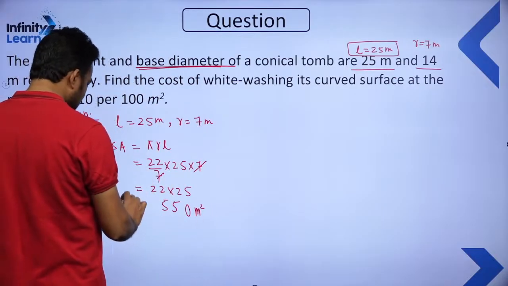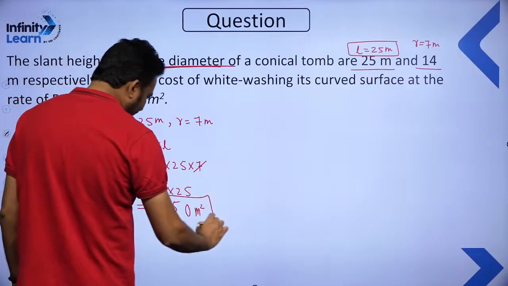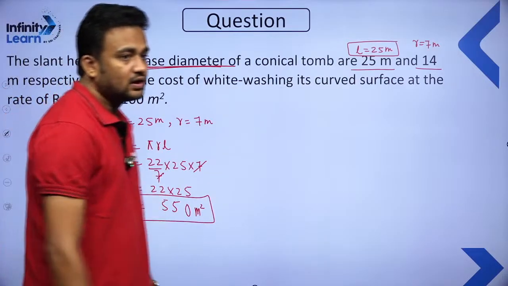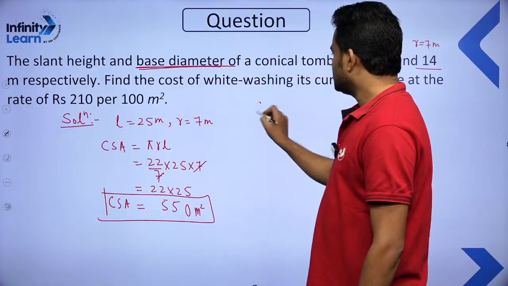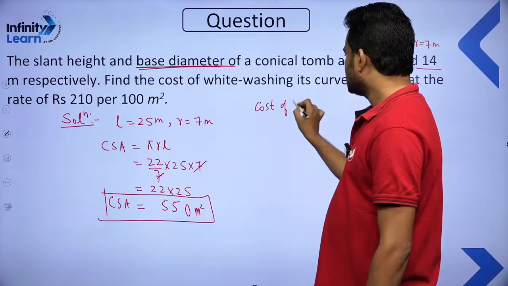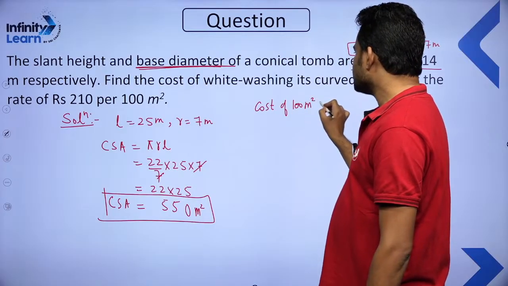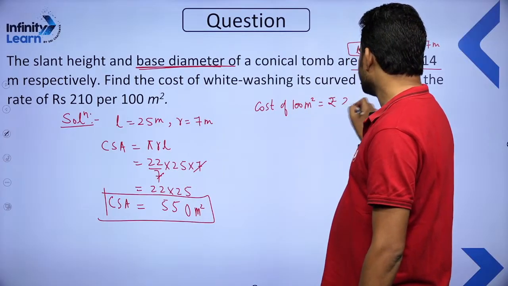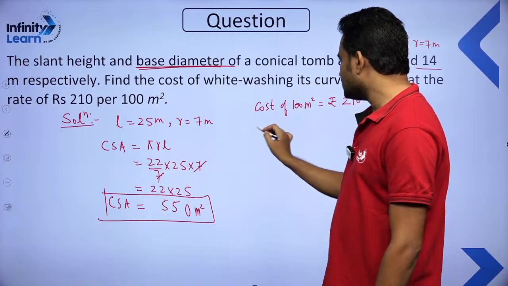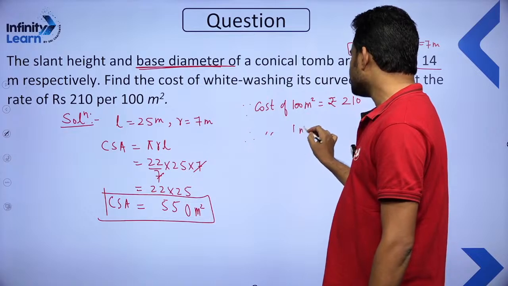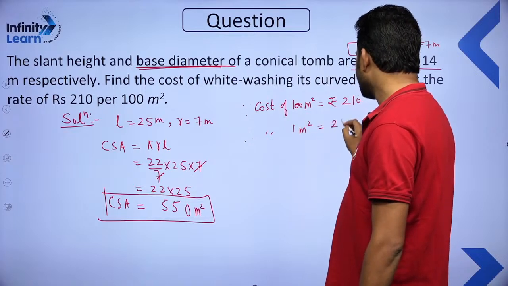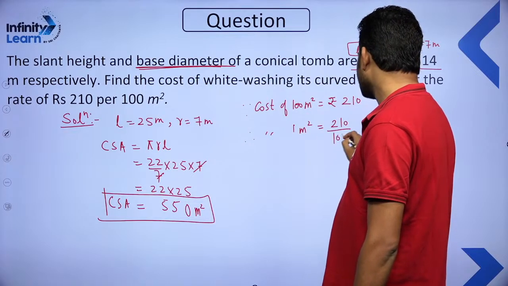Means we have to find the cost of whitewashing of this much area, right? And what is given? Cost of 100 meter square is rupees 210. So what will be the cost? Unitary method, cost of 1 meter square is 210 divided by 100.